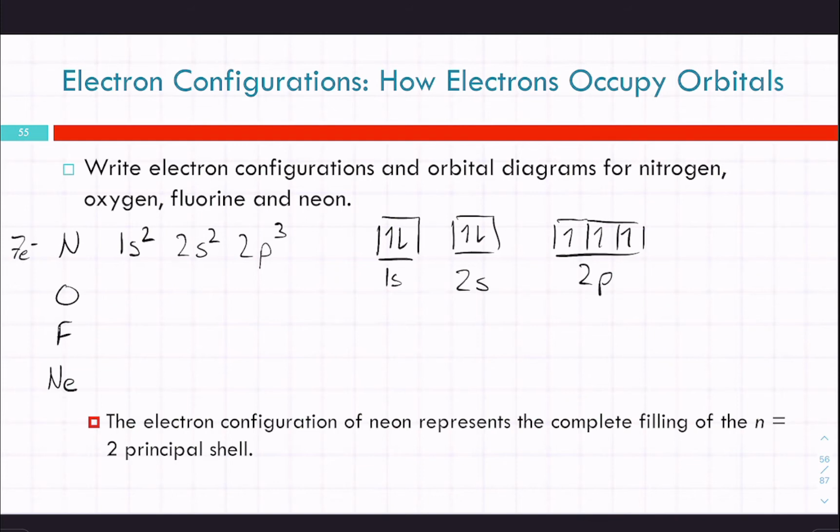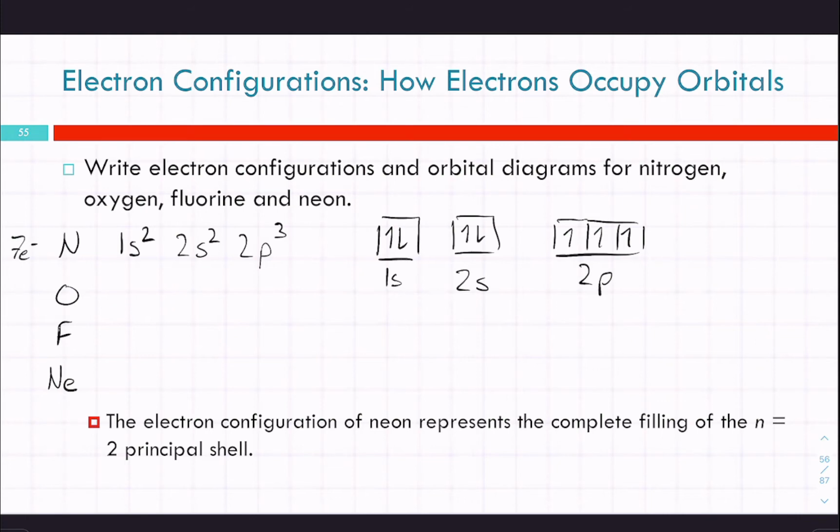So we can go back to the beginning of the periodic table. For hydrogen, what orbital is hydrogen's one electron in? S. So hydrogen would be 1s1. Helium is 1s2. So we filled the 1s1, the 1s2.